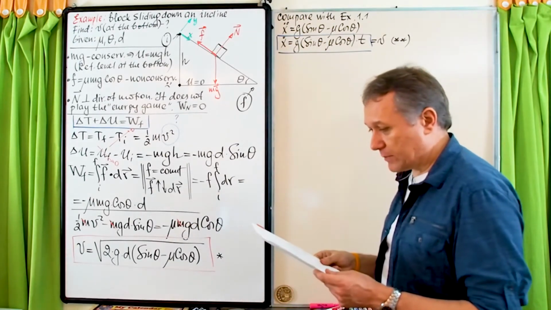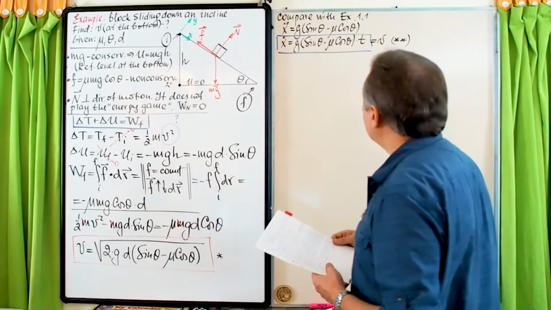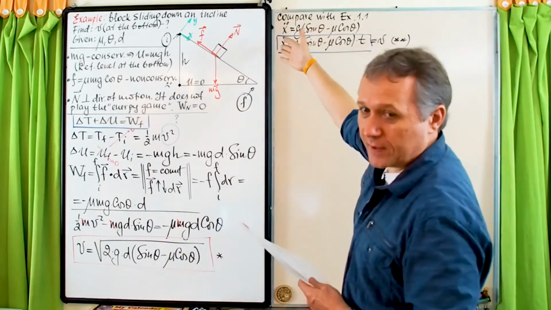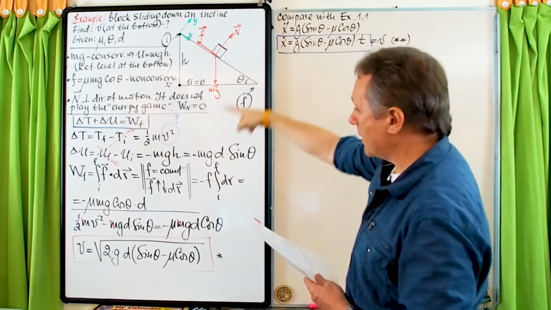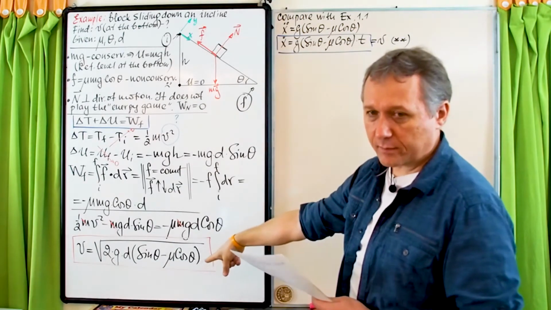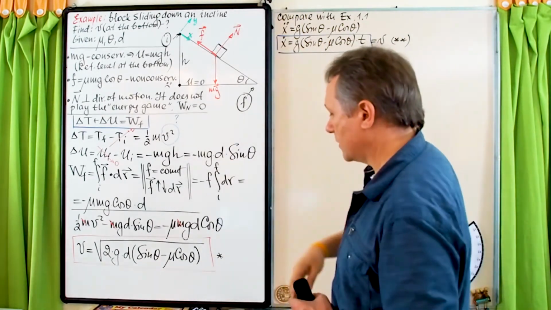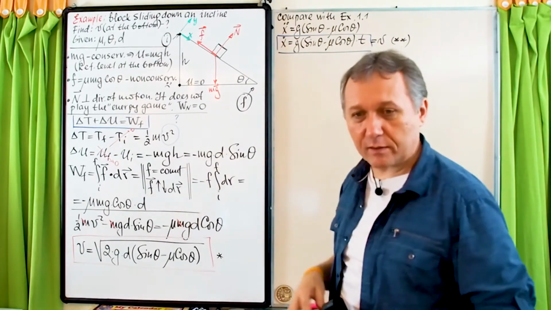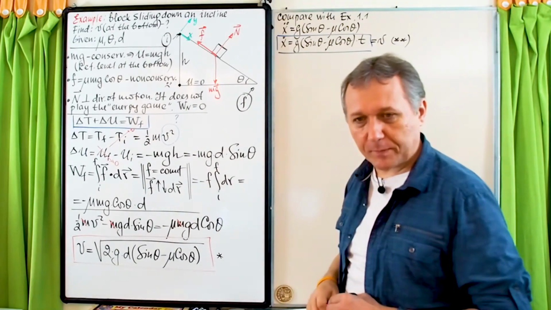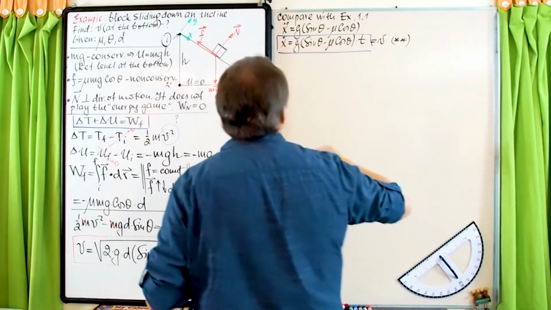Maybe I should write something about this, and of course, out of this, we can get that velocity easily. So first let me get that, and then I will write a couple of sentences to summarize what I just said.